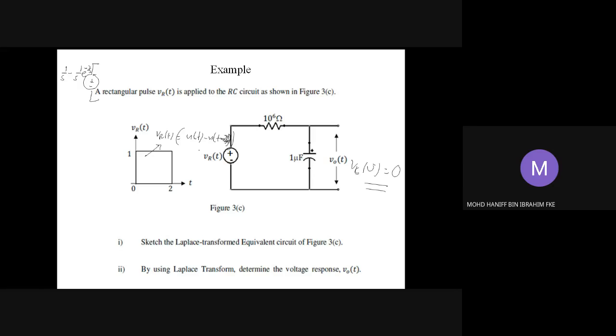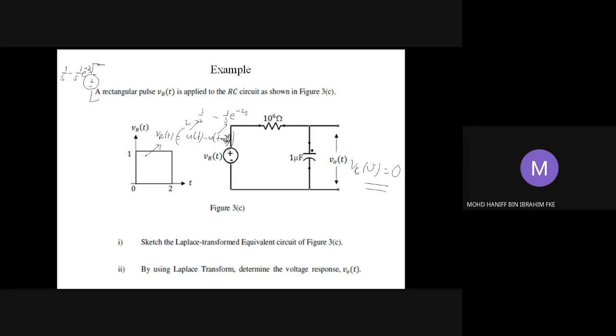That is the transformation for this v_R(t). We learned this yesterday: for u(t), the transformation is 1 over s, and for u(t minus 2), the transformation is 1 over s times e to the power of negative 2s. That's why we have this as the transformation for the voltage source.